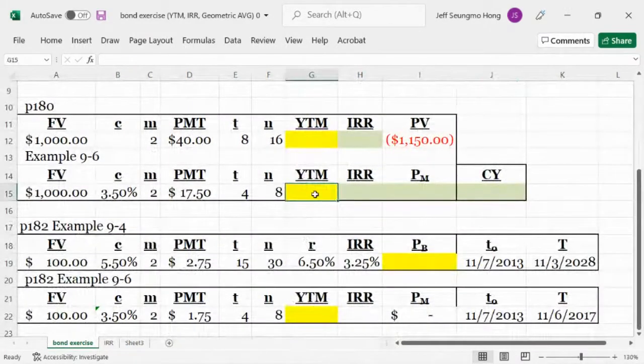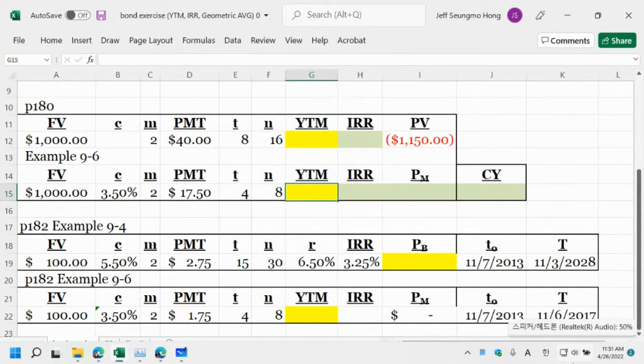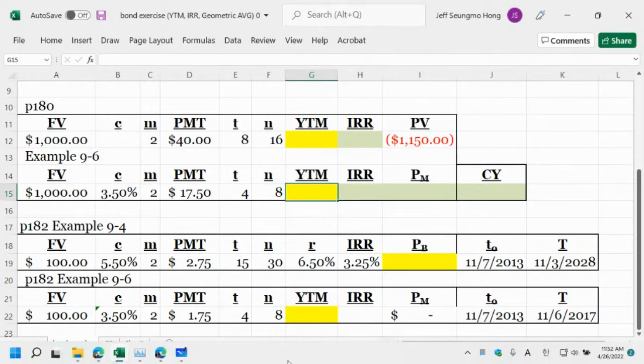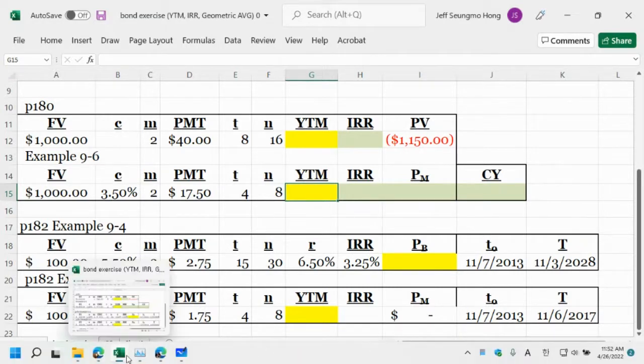And now we're going to find yield to maturity. But the time is now 11:51, so I guess this is a good time to take a break. We'll take a 10-minute break and reconvene at 12:01 or 12:02, and we're going to do this example. All righty.